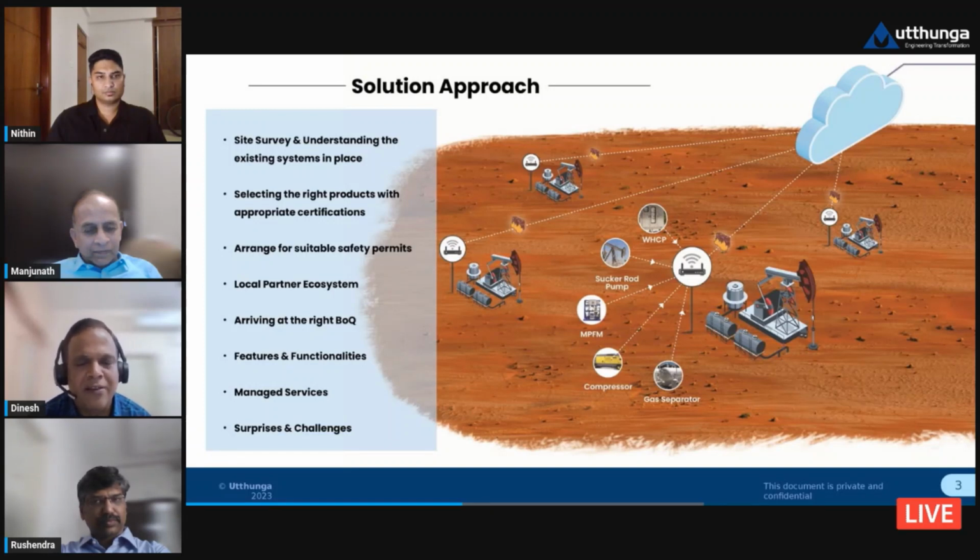So these are all the driving factors where the digital solution, or the digital oil field, comes in and addresses these challenges.